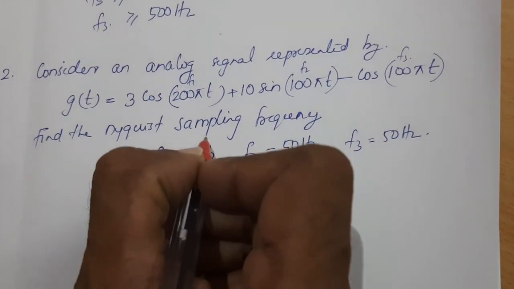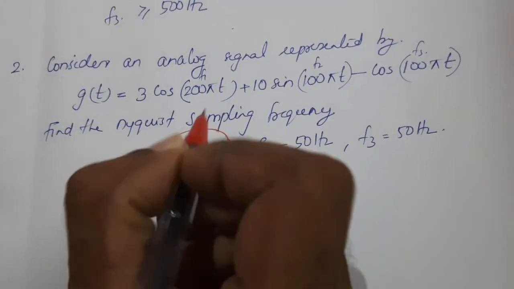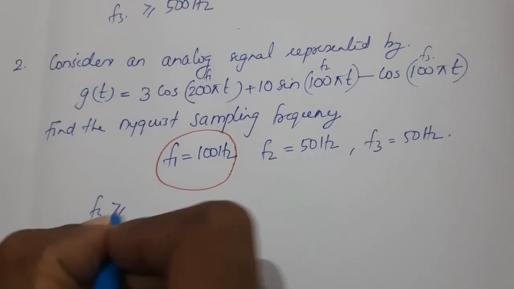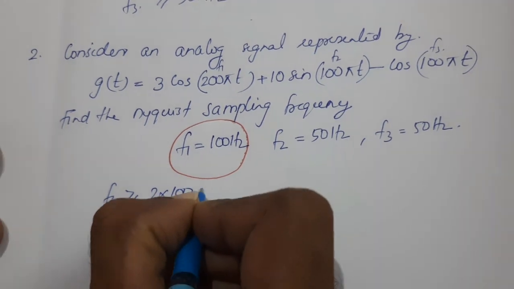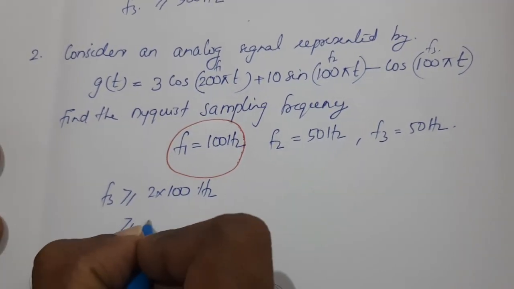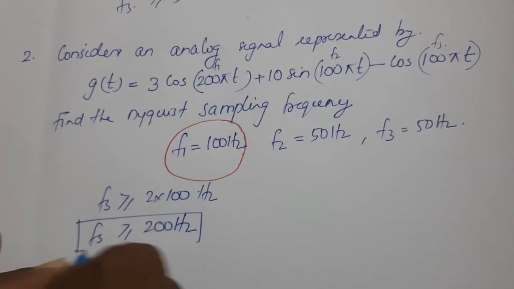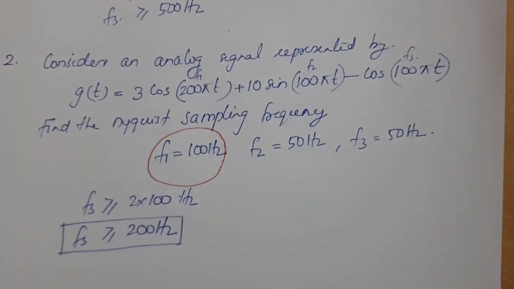Now the highest frequency present in the signal is F1. So Fs should be greater than or equal to 2 into 100 Hertz, which is greater than or equal to 200 Hertz. So here the sampling frequency is 200 Hertz.